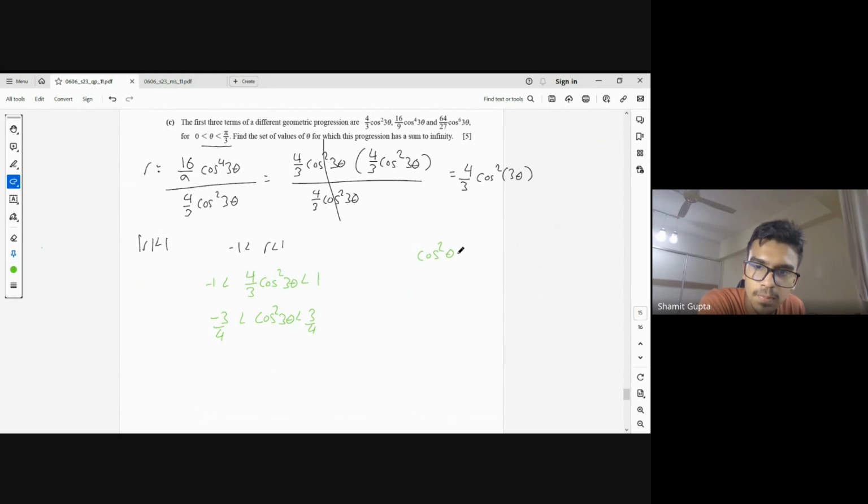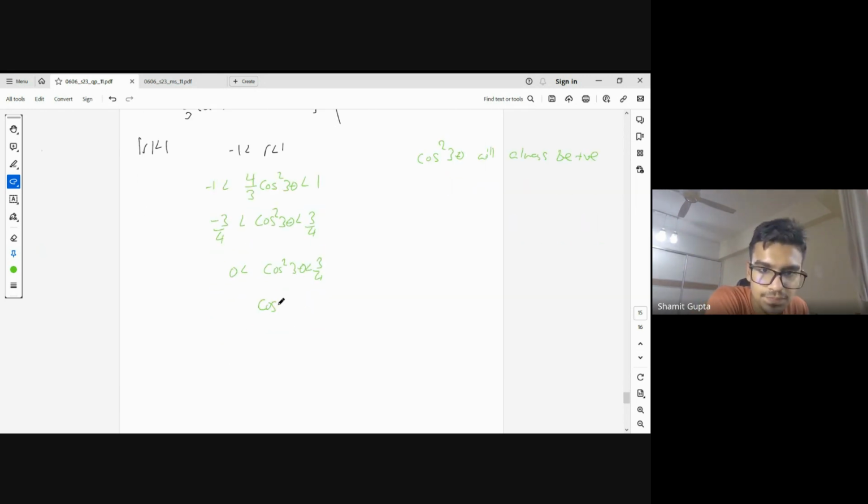So you could say cos square 3 theta should be bigger than 0 and less than 3/4. This also works. So cos 3 theta will be plus or minus the square root of 3/4, which is root 3/2.